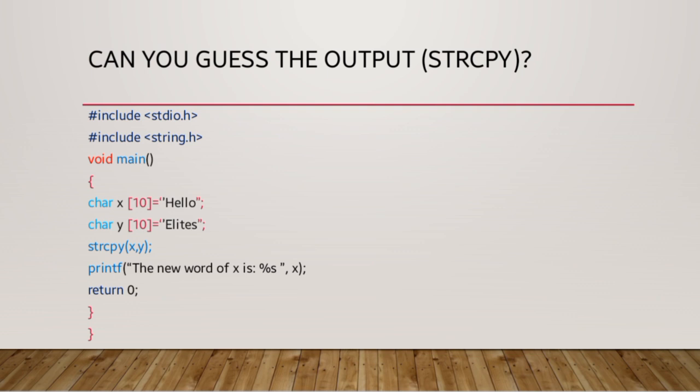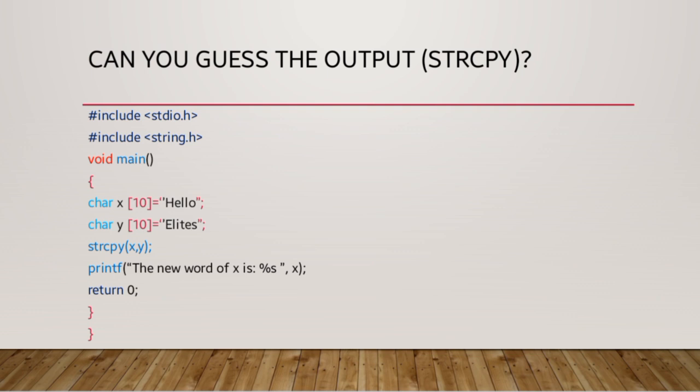So character x, as in the x variable, should store some length of characters, specifically 10 characters. Though my word may be less than or equal to that, it can never be greater than. So on the right hand side, I have x storing hello, and y storing the word elite. On line 7, I included the function string copy.